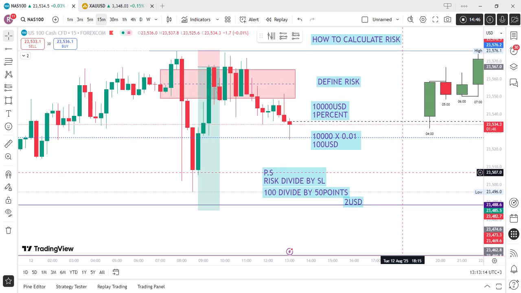Again, go to your MT5 or whatever you're using to trade, go to quotes, click and hold. You will see a details pop up. Click on the details, and based on that contract size, that is what you're going to be using when calculating risk.